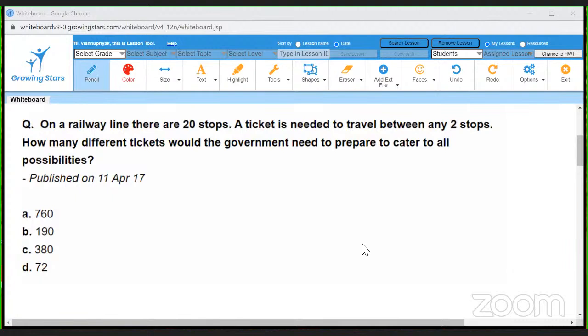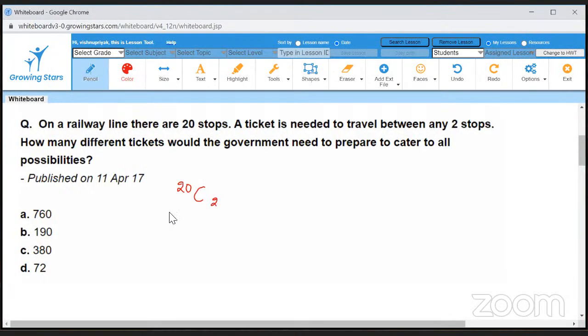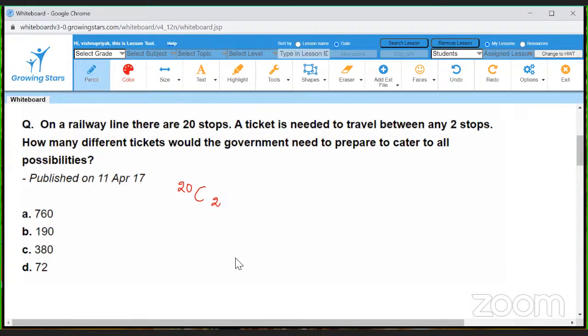So total, there are 20 stops, 20 stations. From that, you have to select two stations, one to start, the other one to end. And that can be done in 20C2 ways. This is when we start from one side.